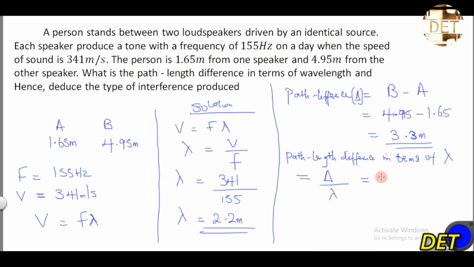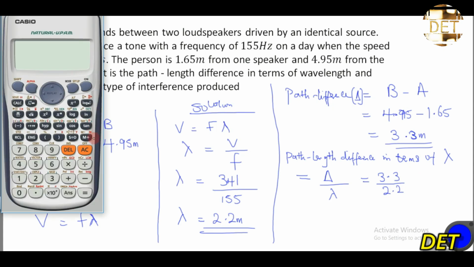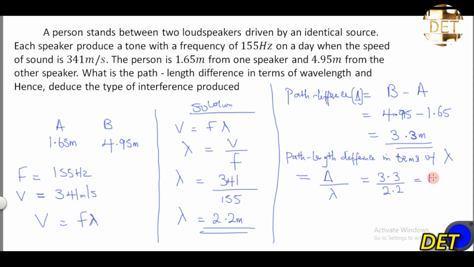So that will be equal to 3.3, which is the path length difference, divided by 2.2, which is the wavelength, right? So 3.3 divided by 2.2 will be equal to 1.5. So that will be equal to 1.5 lambda.